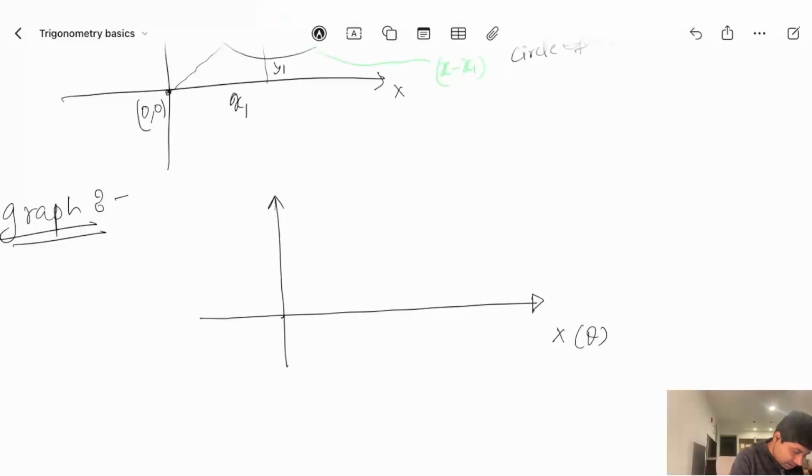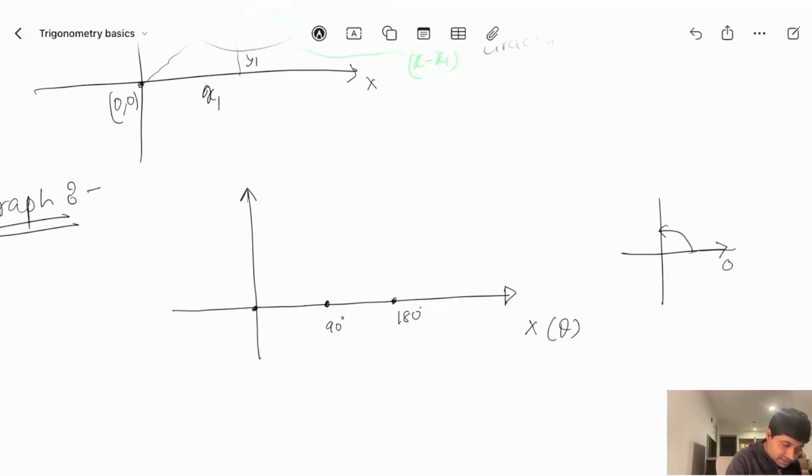So I have 0 degrees here, and the next could be, let's say, 90 degrees, and this could be 180 degrees. If you think in a full circle, this is 0 degrees, this is 90 degrees, this is up to 180 degrees. If I rotate from here to here, that is 180 degrees. If you rotate from here to here, it becomes 270 degrees, and if you rotate completely, it is 360 degrees, right?